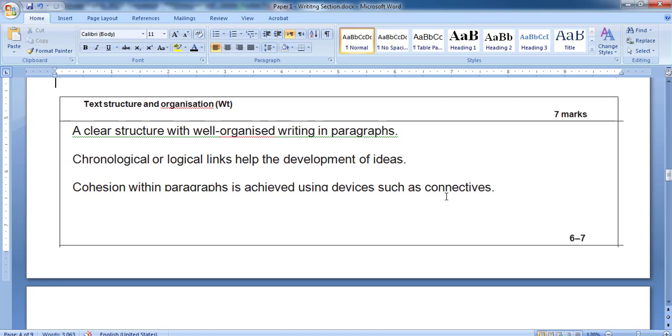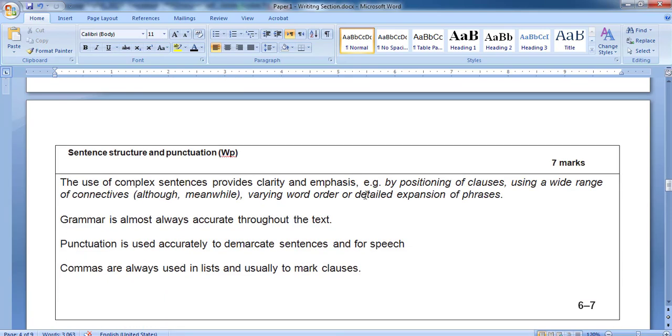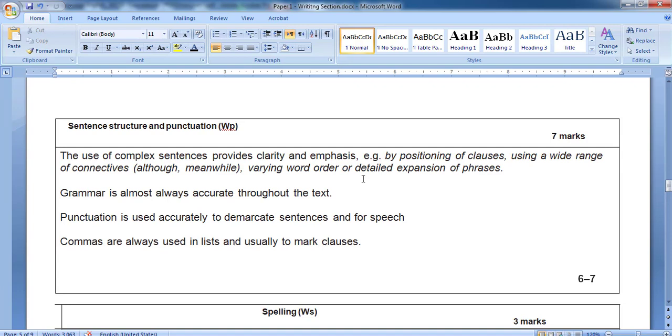For sure, if you are telling a story, first, then, next, after that, once, try to use, for example, however, although, on the other hand, not only, but also. You have to use the right transition words which will move you from one time to another time, or from one step to another step.